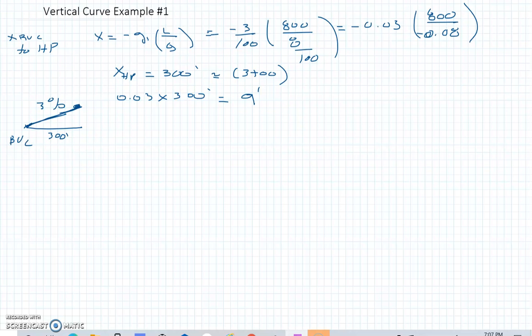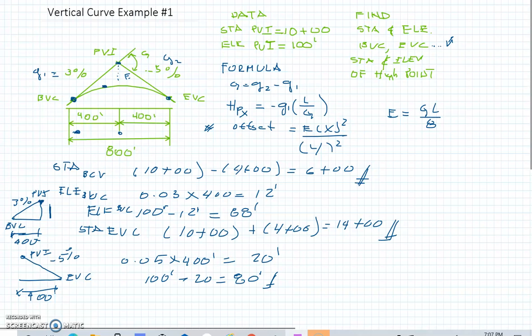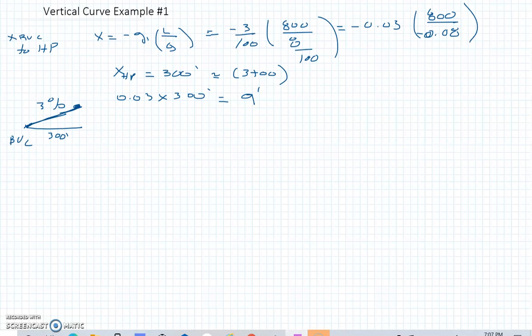For the elevation at the beginning of the vertical curve, I go back to here, and it's 88. So I write 88 plus 9, and that gives me 97. So I have my elevation over here.